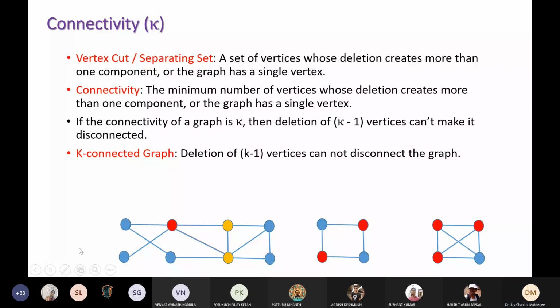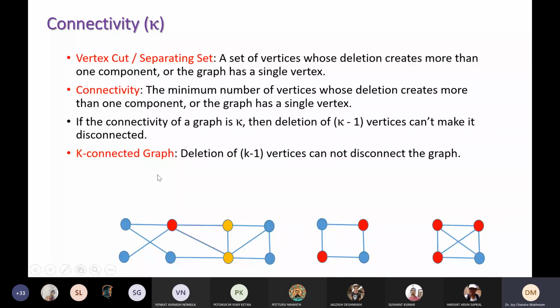So at least from all these definitions, a few things are clear to us. Among the important parts, vertex connectivity is just a number, and that number signifies the minimum number of vertices whose deletion creates more than one component or the graph has a single vertex.